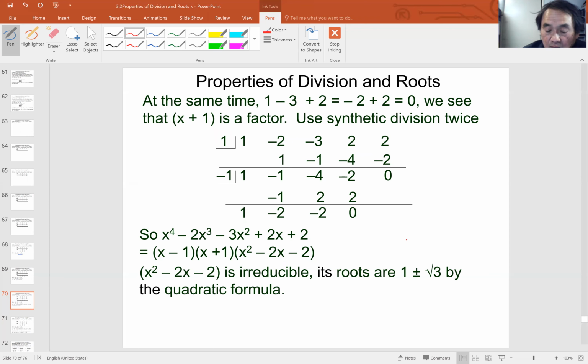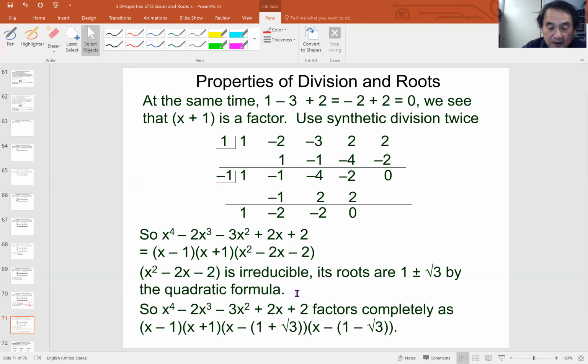One is 1 + √3, one is 1 - √3. Let me call these R1, R2. In other words, then x - R1 and x - R2 are the 2 factors. So if I factor these further, I will get these final answers, where this part breaks down into x minus one of the roots, x minus the other root.